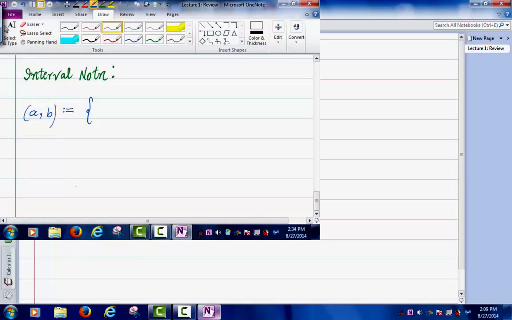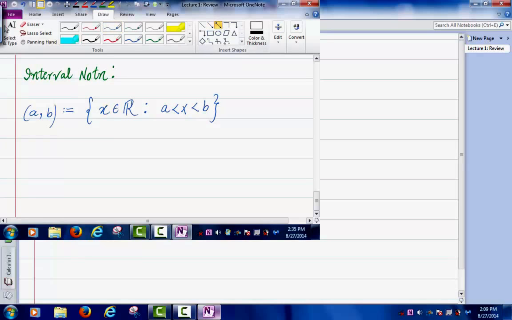Yeah, all the numbers between a and b, excluding a and b. So I should write it this way, right? All the numbers x inside of the set of real numbers, such that x is larger than a, less than b. So that's the set of numbers represented by this symbol.